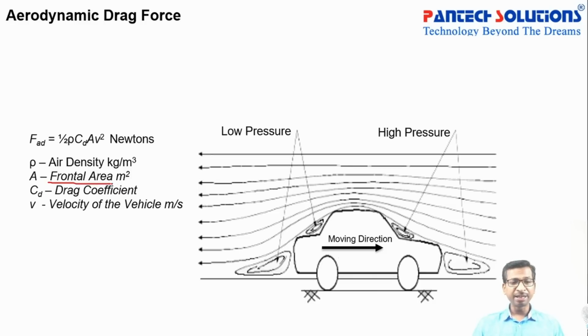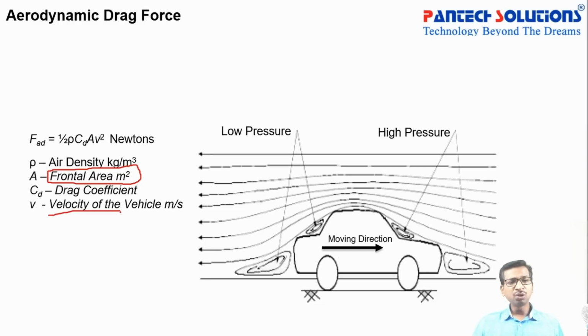And then the frontal area. If your vehicle's front area is a flat surface, then this force will increase, and obviously you need to apply more power. So as much as possible, you should reduce this value, so that you can reduce the motor power. And what is the maximum velocity of the vehicle?